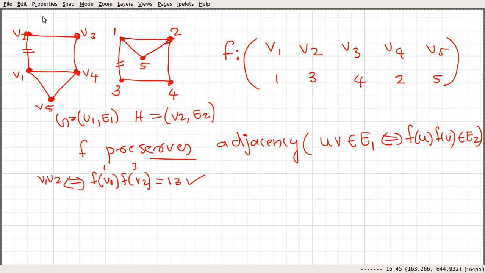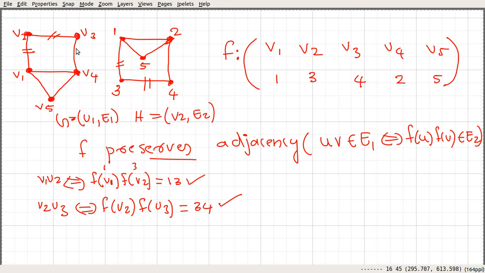Let's consider the second edge V2 V3. f of V2 is 3 and f of V3 is 4, and we can see that there is an edge here, so 3 and 4 are adjacent in H. So for this edge, the condition is satisfied.